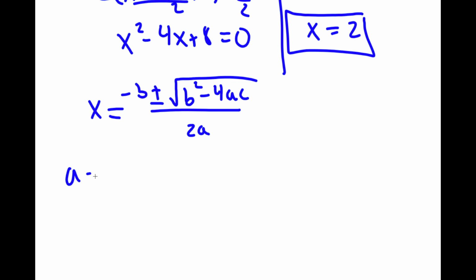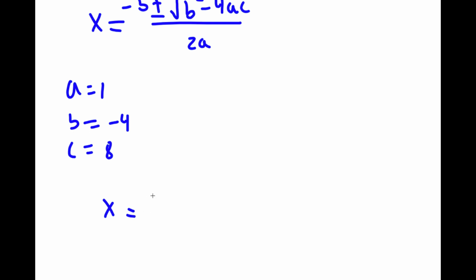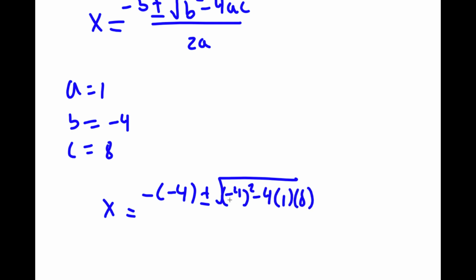So in this case, a is 1, b is negative 4, and c is 8. So I have x is equal to negative of negative 4 plus or minus the square root of negative 4 squared minus 4 times a, which is 1, times c, which is 8, all over 2 times 1.